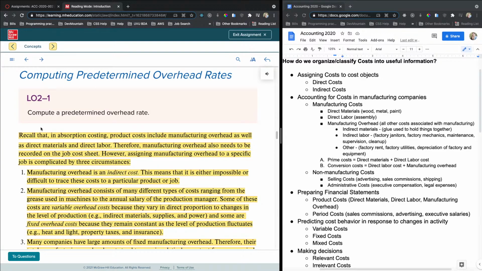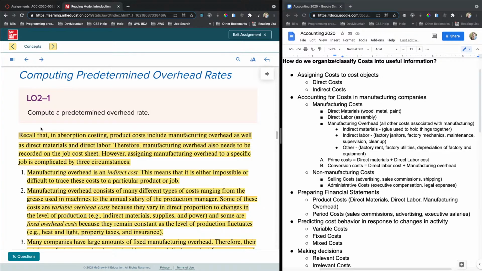Therefore, manufacturing overhead also needs to be recorded on the job cost sheet. However, assigning manufacturing overhead to a specific job is complicated by 3 circumstances. Manufacturing overhead is an indirect cost. It is, and I kind of discussed that earlier, like calculating electricity.